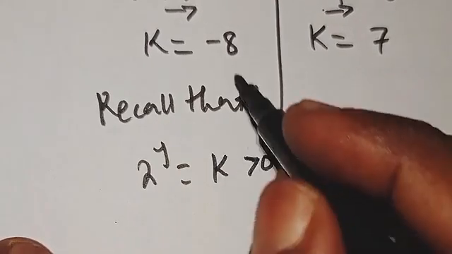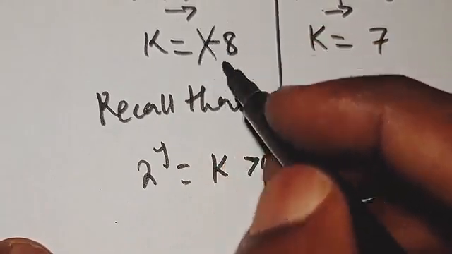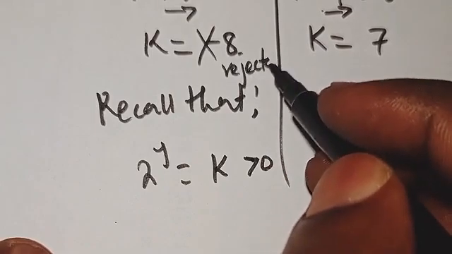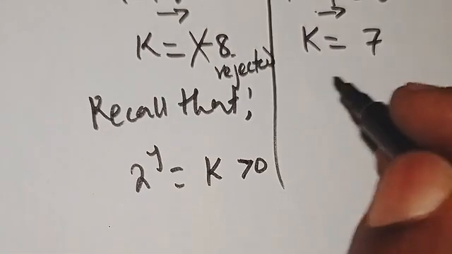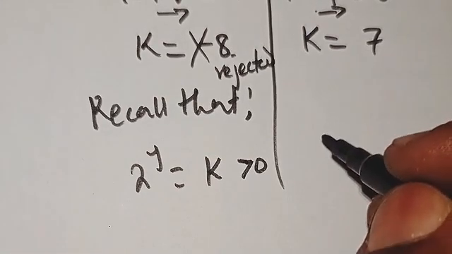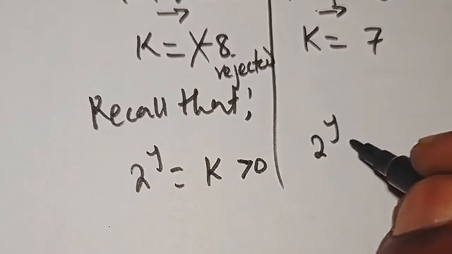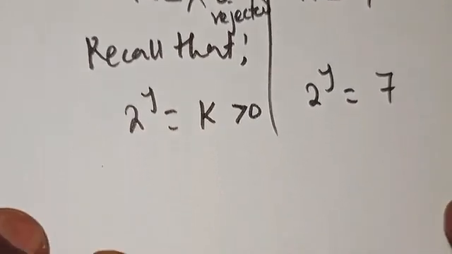So therefore, the value of k that we got here, minus 8, will have to be rejected, because it's not greater than 0. So we are going to use only k equals 7. So therefore, it's going to be 2 to the power of y equals 7.